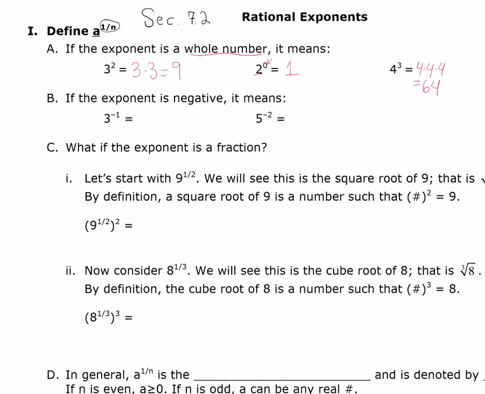Hopefully we recall that if the exponent is negative, it means the following. What's going to happen to your base here? In this particular case, our base is 3. What's going to happen to this base if our exponent is negative 1?